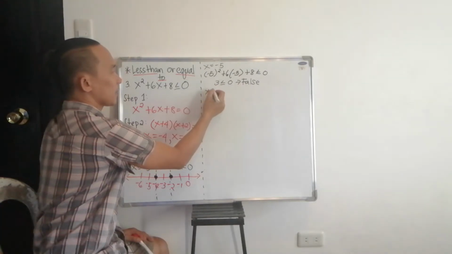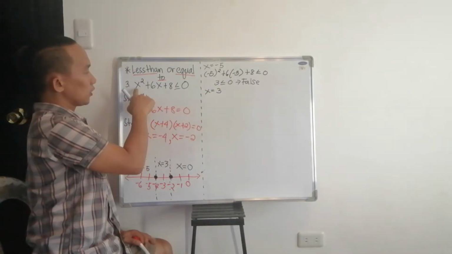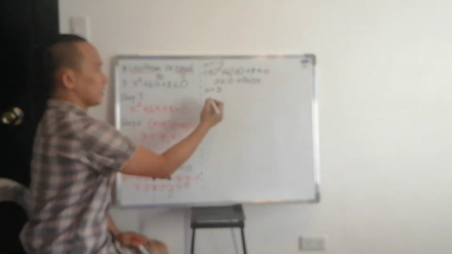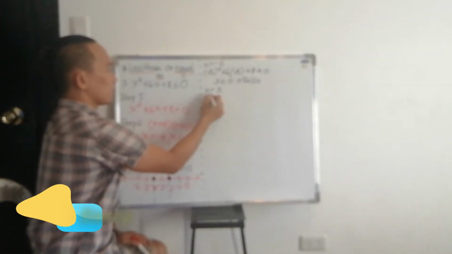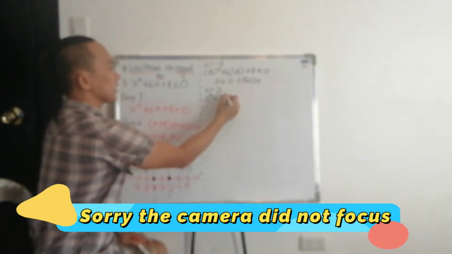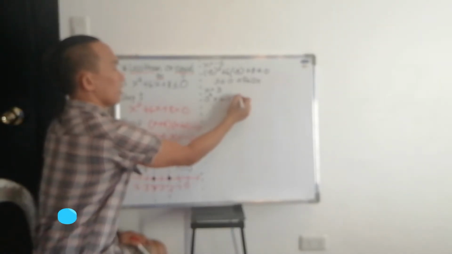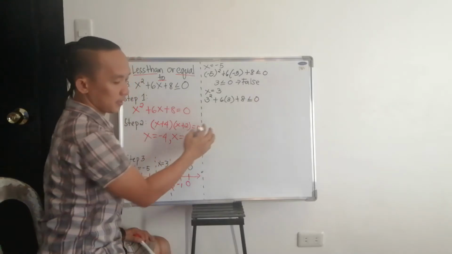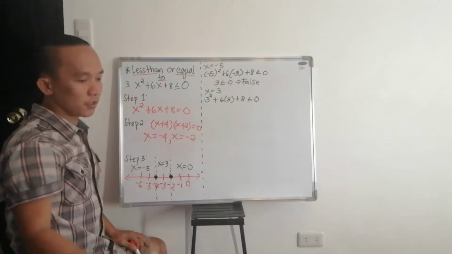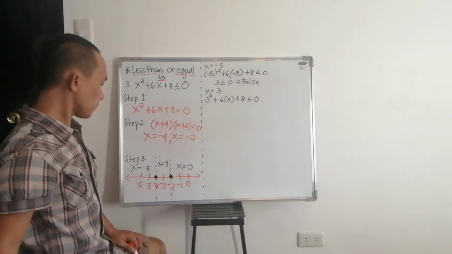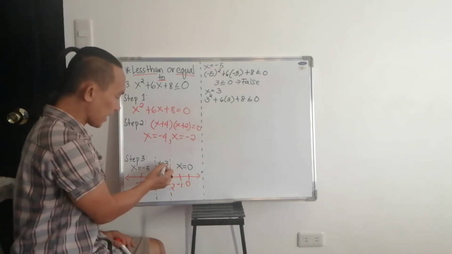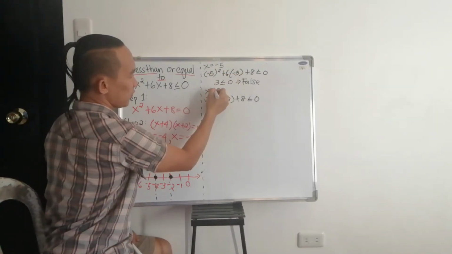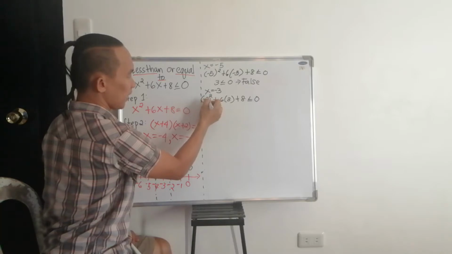Now, let us proceed when x equals 3. All the x will become 3. So, we have 3 squared plus 6 times 3 plus 8 less than or equal to 0. If you solve everything, this is not 3, it is negative 3.